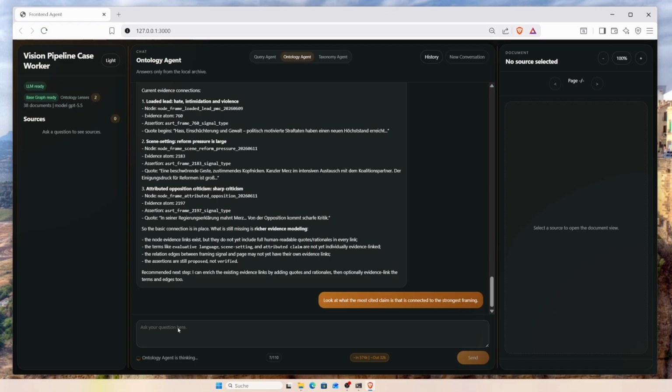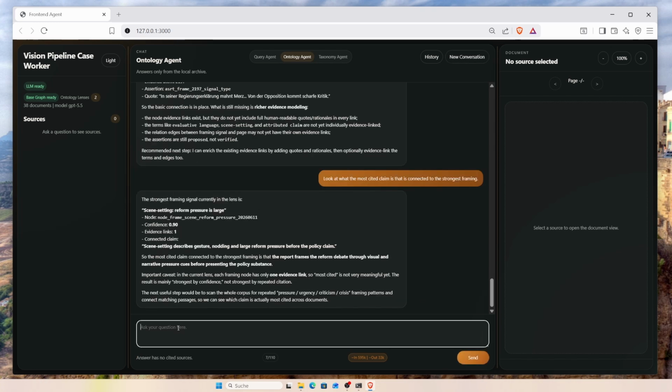So if you want to know what was the main topic this week, that was clouded in the thickest. That was fast. So for this week, the scene setting reform pressure is large. That was the biggest thing.